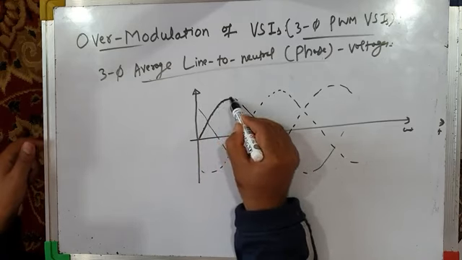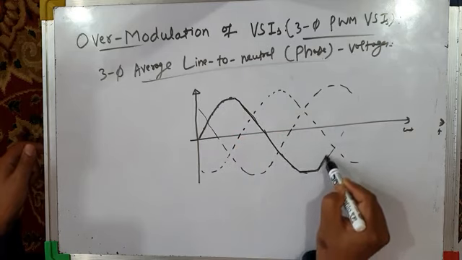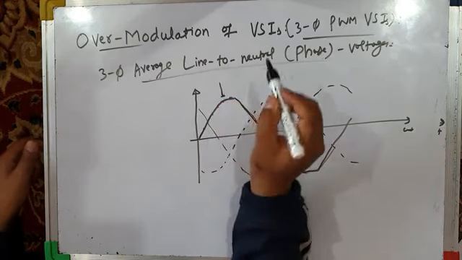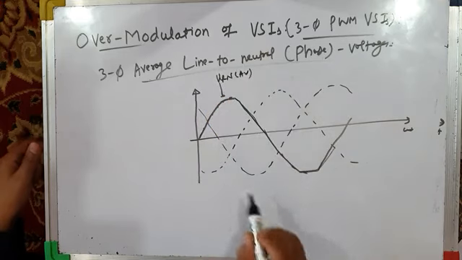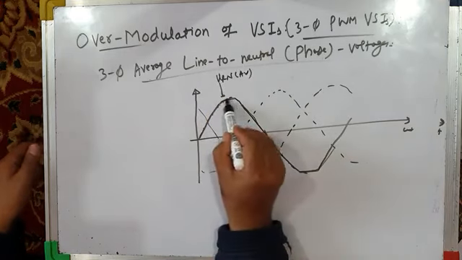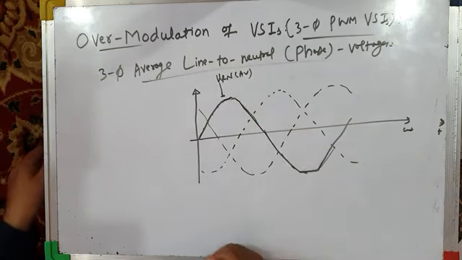This may be your pole voltage. This is the phase to neutral voltage VRN, average phase to neutral voltage VRN. So there is a flat waveform near the peak, pulse dropping.